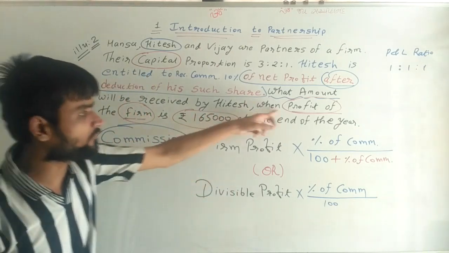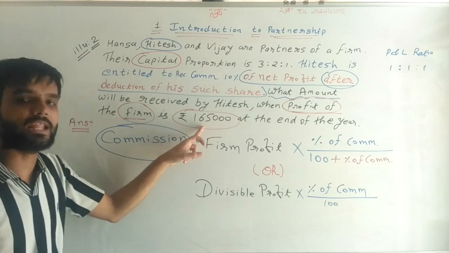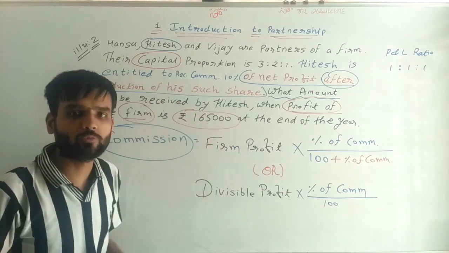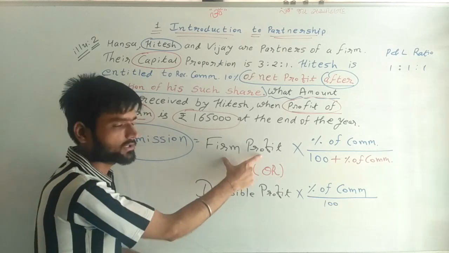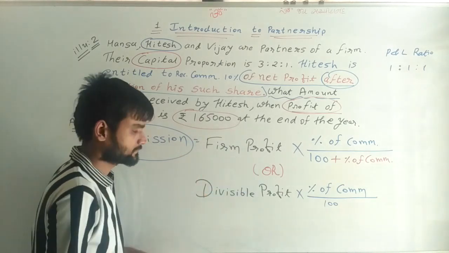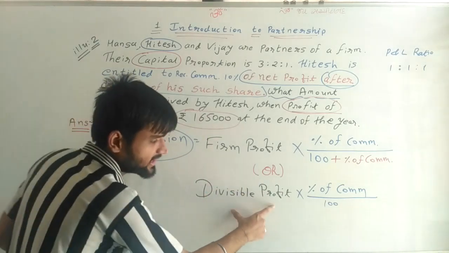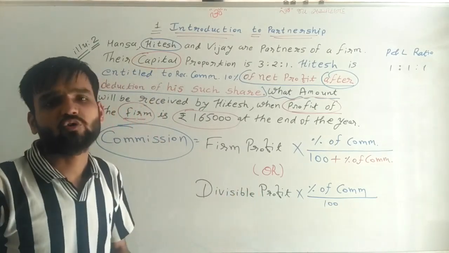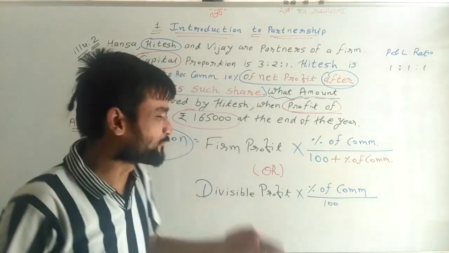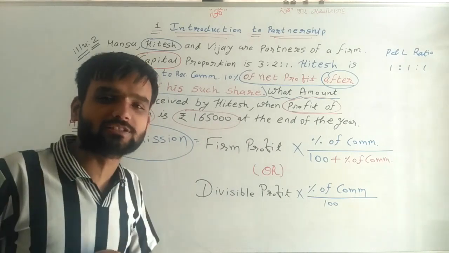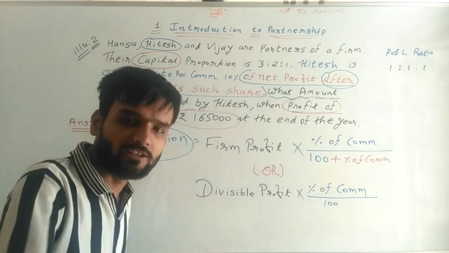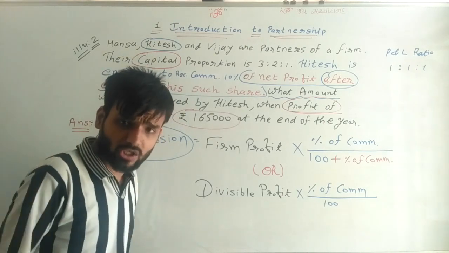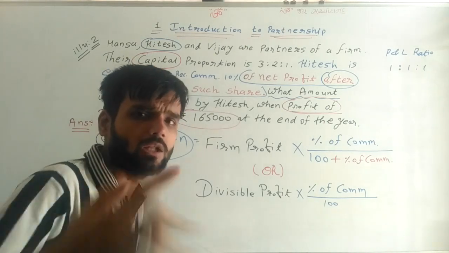In this sum, the profit of the firm is 1,65,000 rupees, so here the first formula applies. Here it is written firm's profit, and second is divisible profit. We don't yet know the firm's profit and divisible profit concepts; we will discuss this later in this lecture.